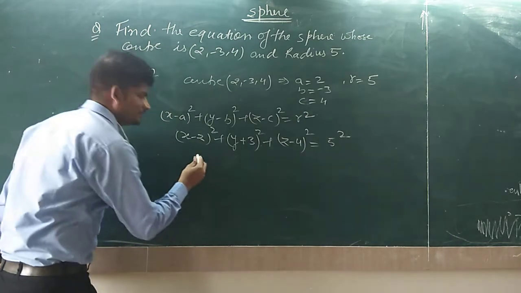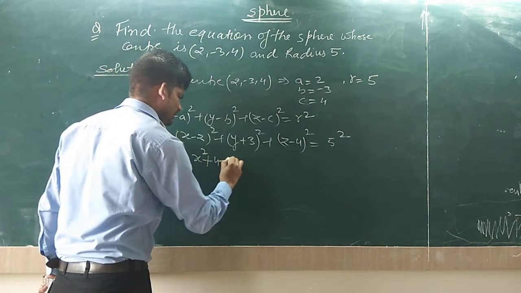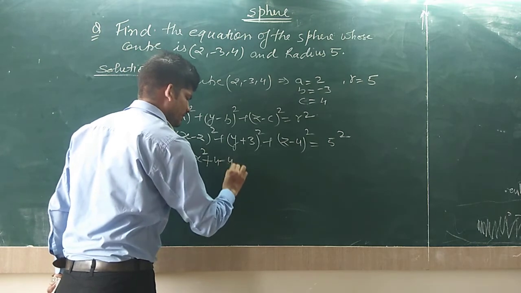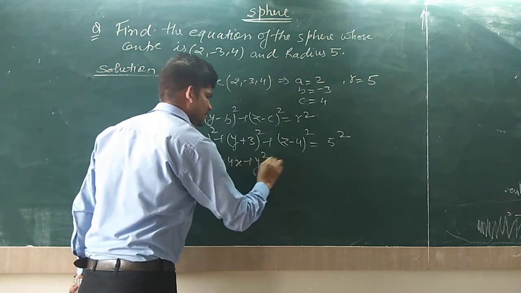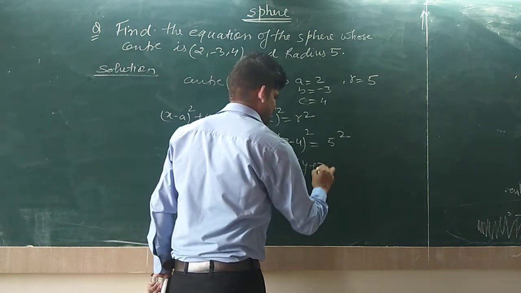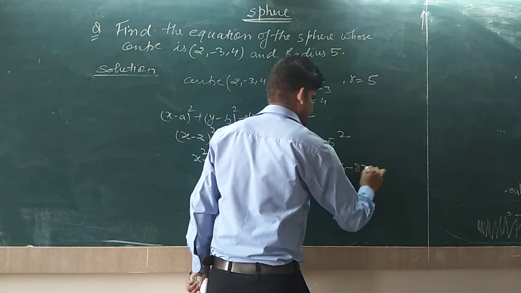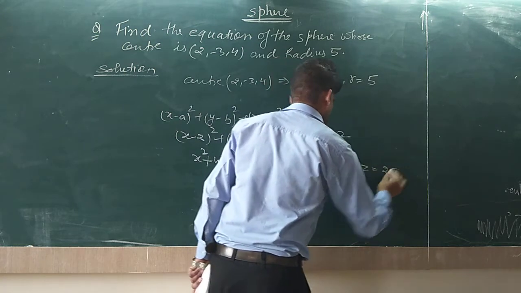Then simplify: x square plus 4 minus 4x plus y square plus 9 plus 6y plus z square plus 16 minus 8z equal to 25.